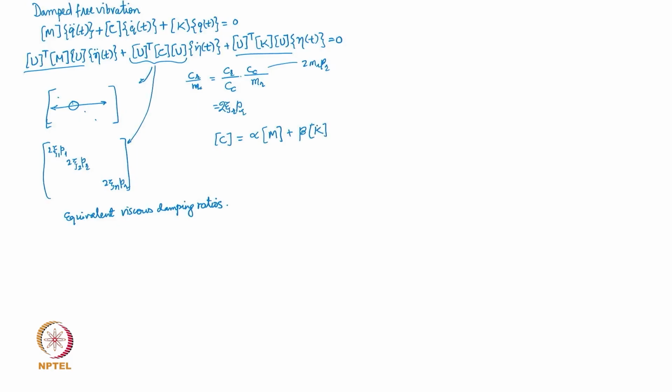Although the damping matrix is not going to yield a decoupled set of equations, we are approximating it as a linear combination of mass and stiffness matrix, where alpha and beta are constants, unknown coefficients to be determined. The moment you represent the damping matrix this way, forcing it to be a linear combination of the two, you can then get the decoupling done and solve the equations.